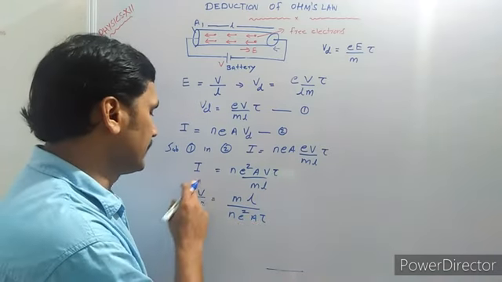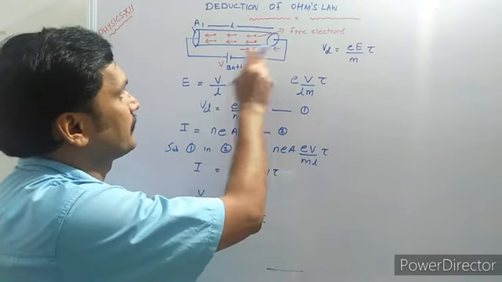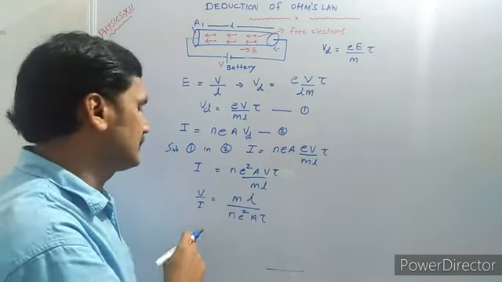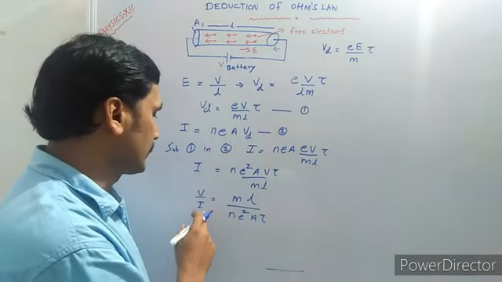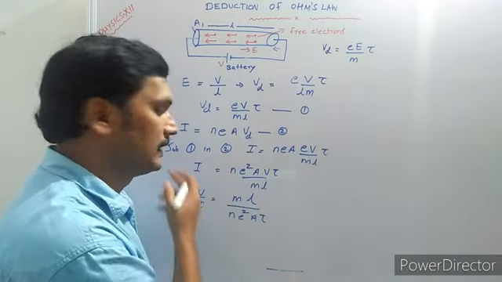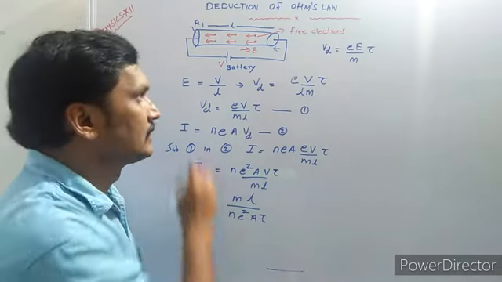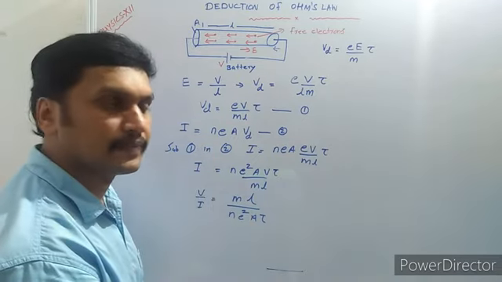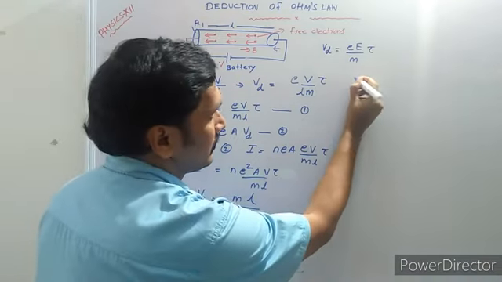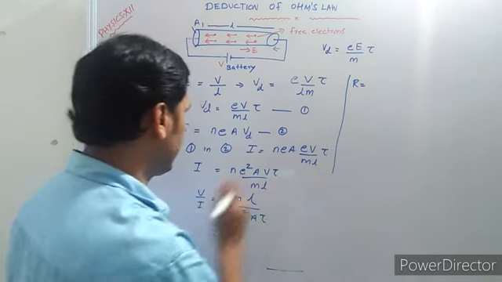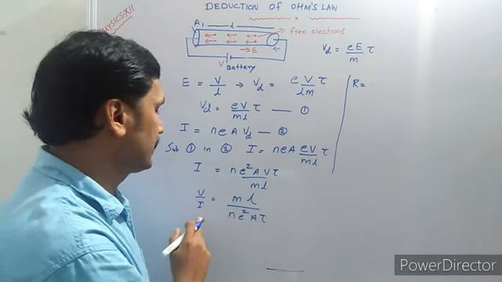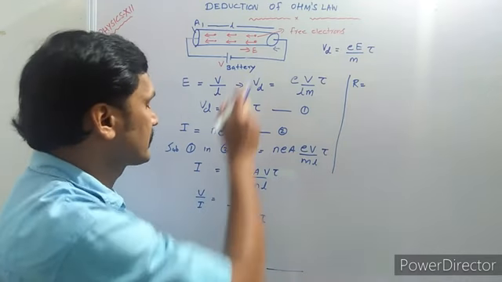And we know that V is the potential difference across the ends of this conductor, and I is the current passing through this conductor. The ratio of potential difference and current is known as the resistance of this conductor. So instead of V by I, we write R, the resistance of this conductor.